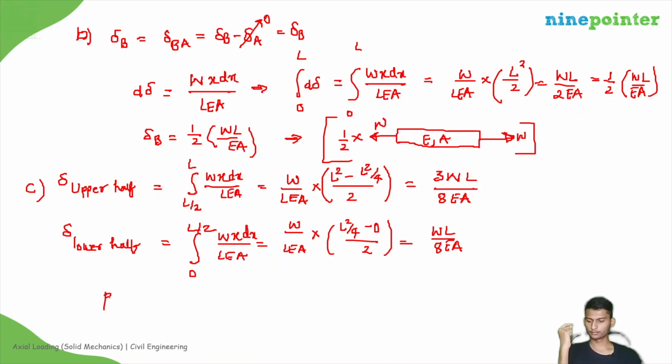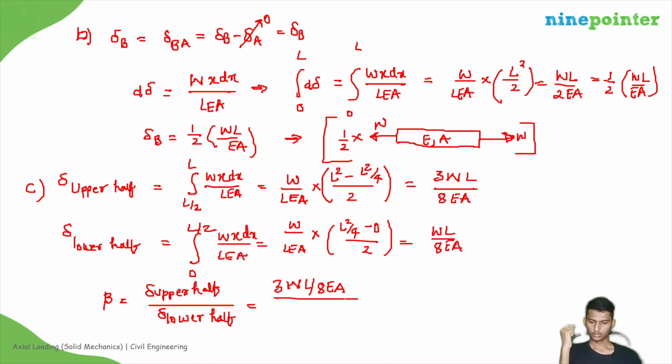So what is beta? Beta is delta upper half divided by delta lower half. That is equal to 3WL by 8EA divided by WL by 8EA. That will cancel out, giving 3. Beta is equal to 3.